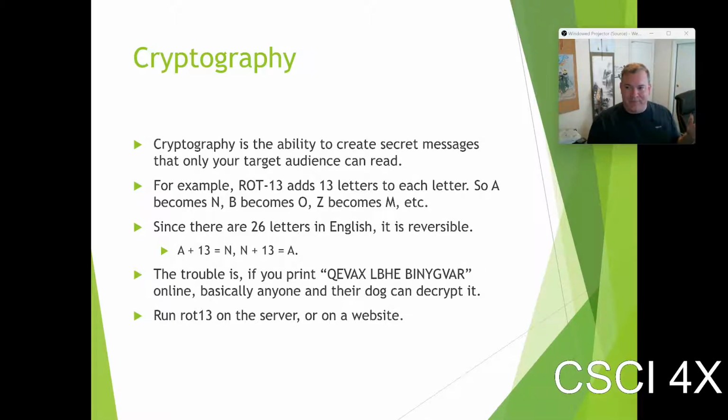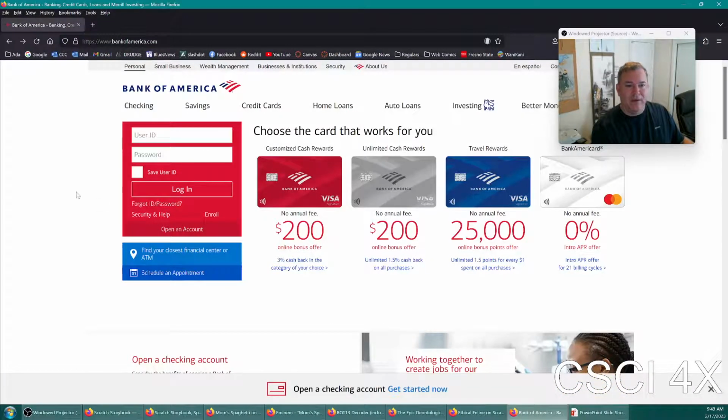For example, the most famous one is a Caesar cipher, where you substitute letters for numbers. Another very famous one is called ROT13, where you add 13 letters to a letter. So A becomes N, then if you add 13 to N, it becomes A. It only works in English where you have 26 letters, but basically it's a reversible crypto system.